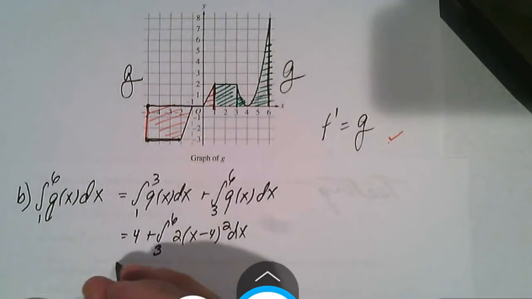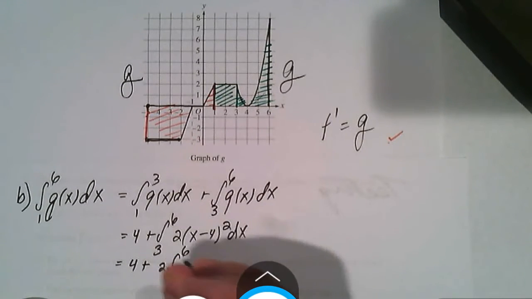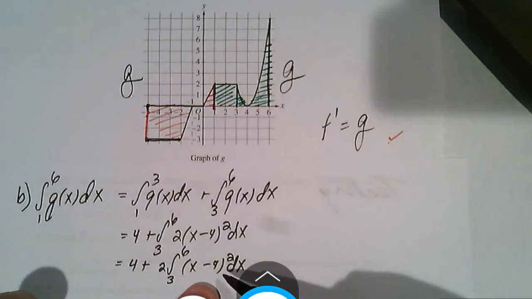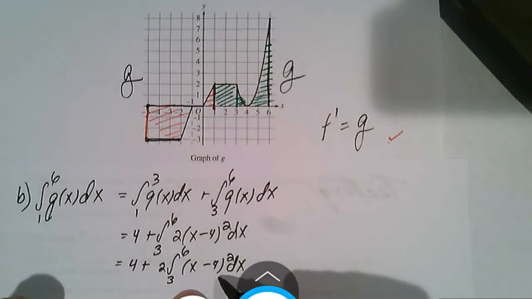So let's see, what can I do? The 2 is a constant. I can factor that out in front. I've got (x minus 4) squared dx. Now, maybe you want to think about doing substitution. That's okay, and you could let u equal x minus 4.